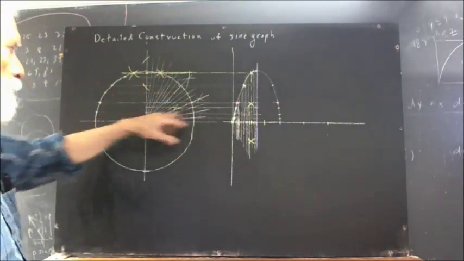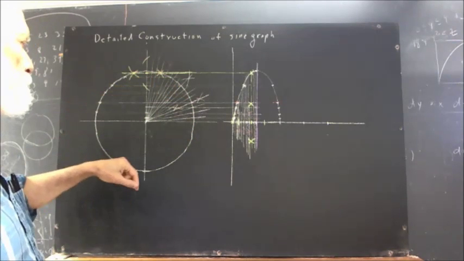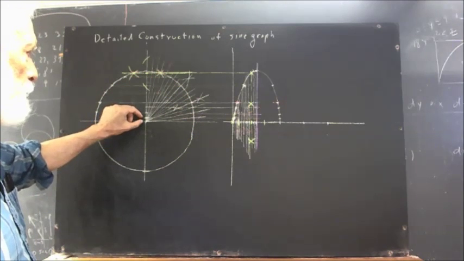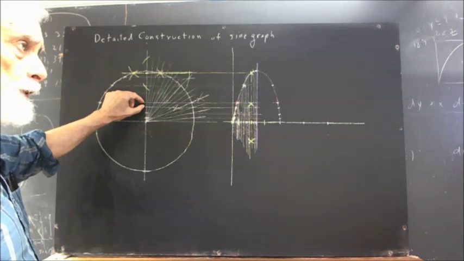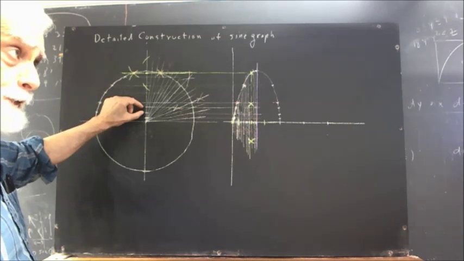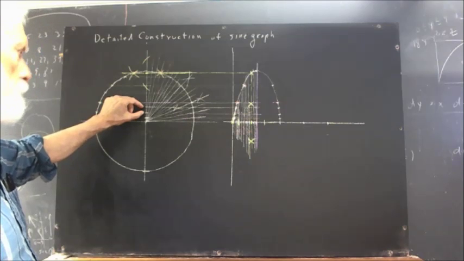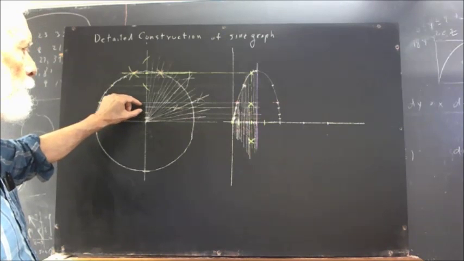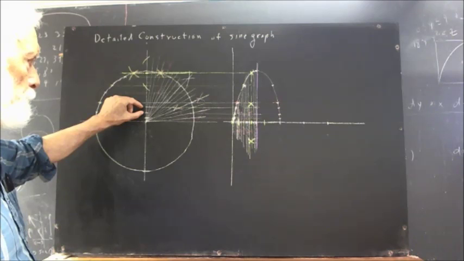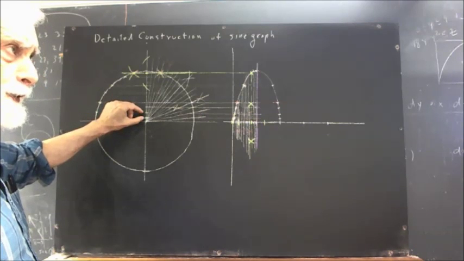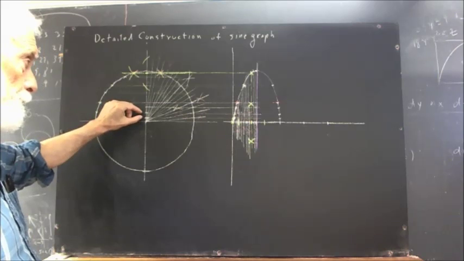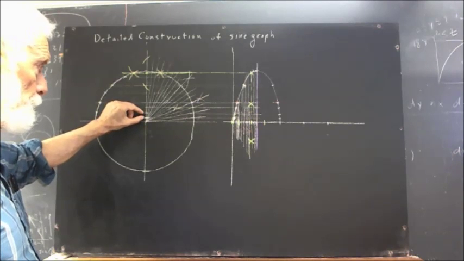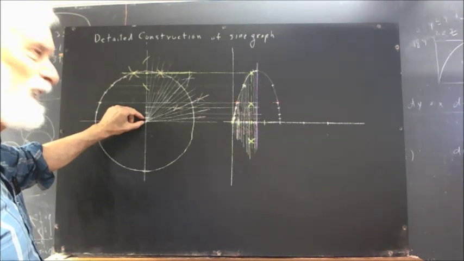If you just think about the geometry of the circle, you'll see that the spacing between these points has to be less than the spacing between these points, which is clearly so. But then that this spacing should be less than the spacing between these points, which is not at all the way it looks. And I don't think it's the way it is. And the spacing between these points should be less than the spacing between these points.